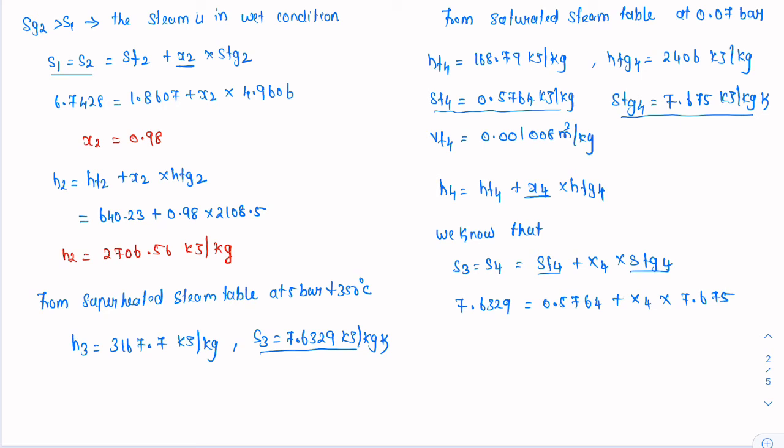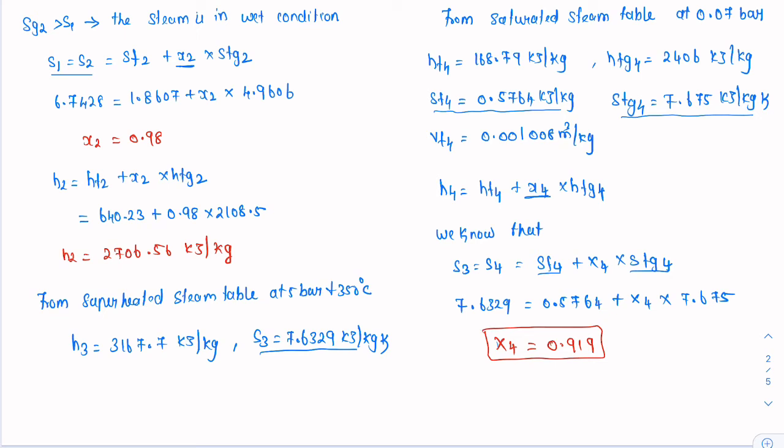From this, the value of X4 is calculated as 0.919, and this is the dryness fraction at the state point 4.